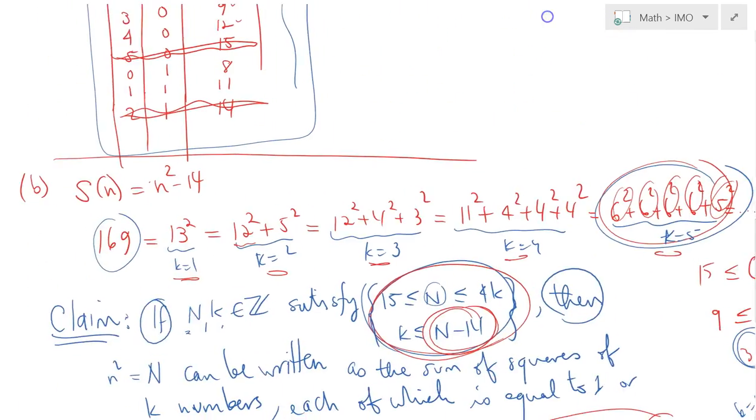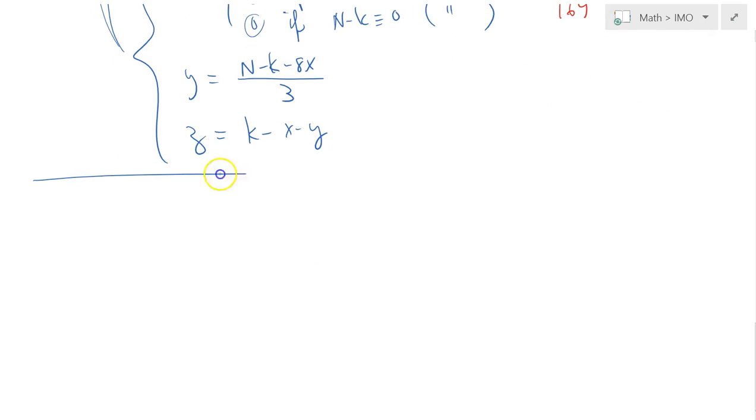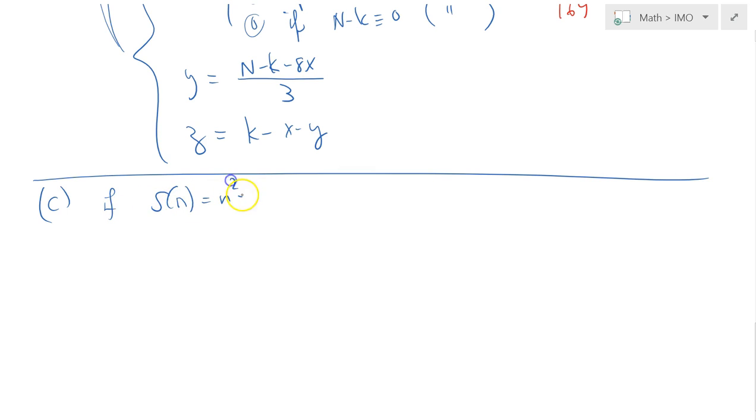So let's write down this final assertion clearly and then quickly finish with this work. If S of n is equal to n squared minus 14, then I claim S of 2n would be equal to 2n squared minus 14, and we need to show a construction.